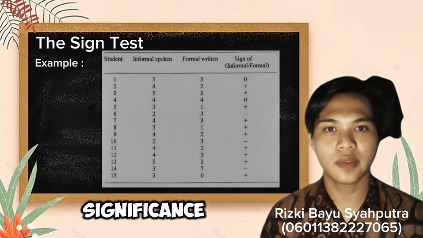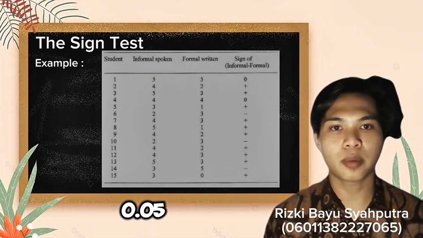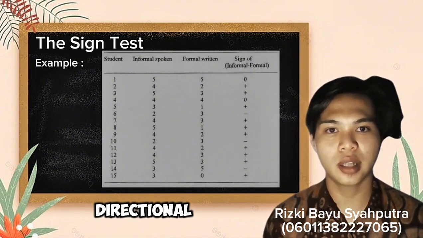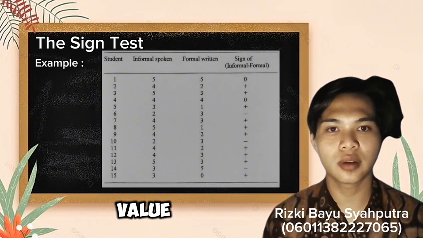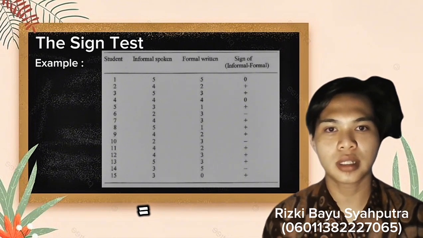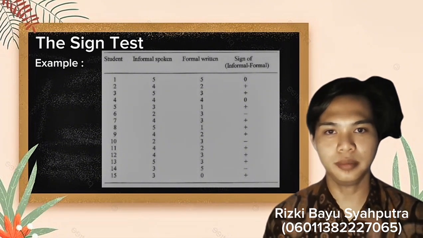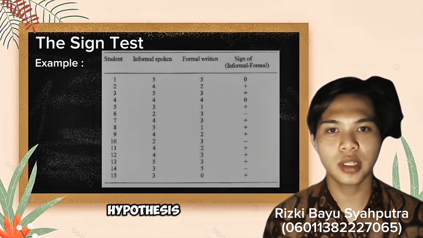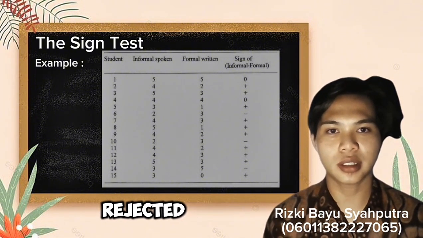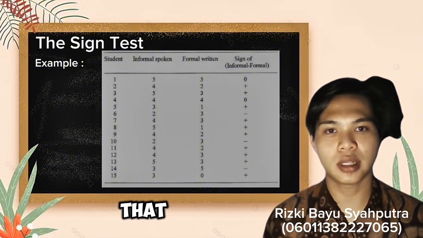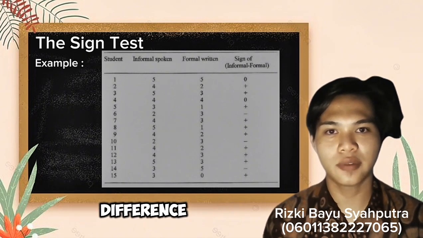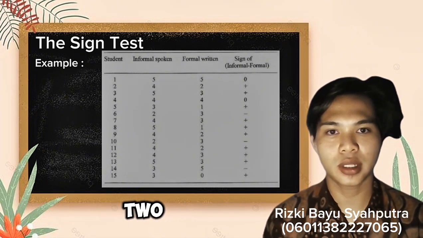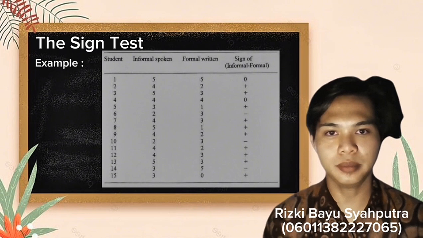At a significance level of 0.05 in a directional test, the critical value for n equals 13 is 3. Since x equals the critical value, the null hypothesis is rejected, and we conclude that there is a significant difference between the two datasets.